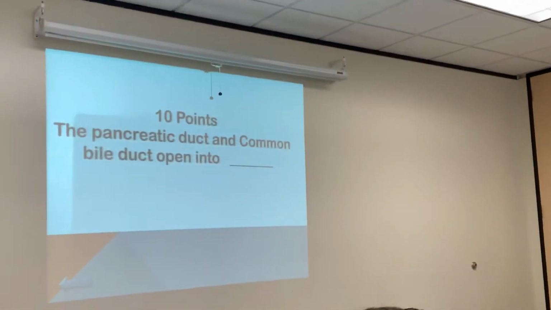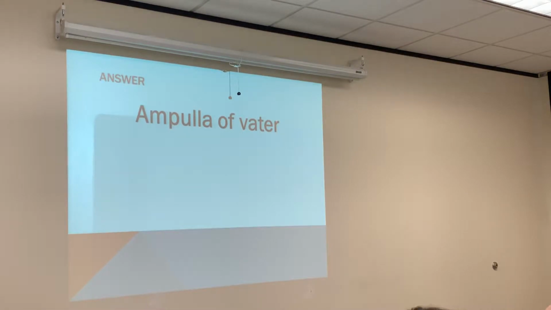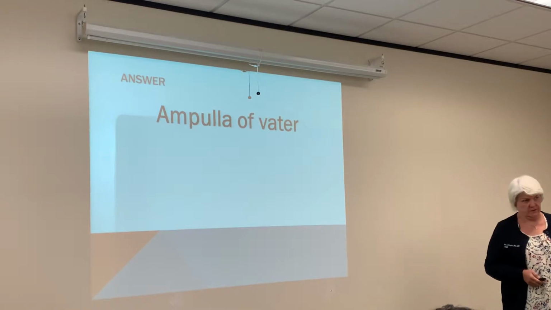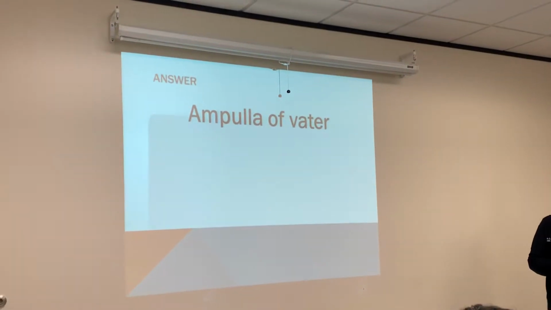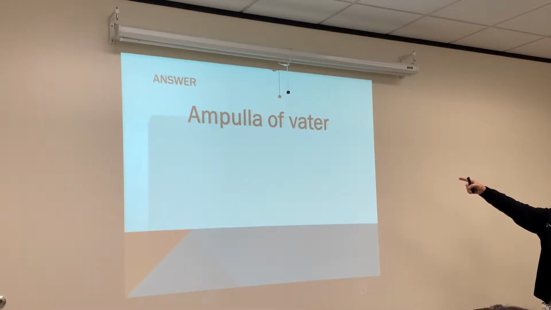The pancreatic duct and the common bile duct open into what? The second part of the duodenum. That area is called the ampulla of Vater. The muscle around it that protects the ampulla of Vater, anybody remember that?